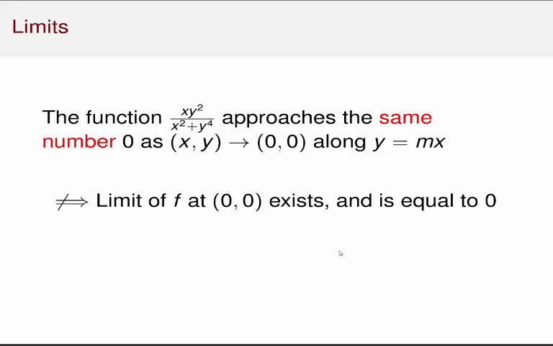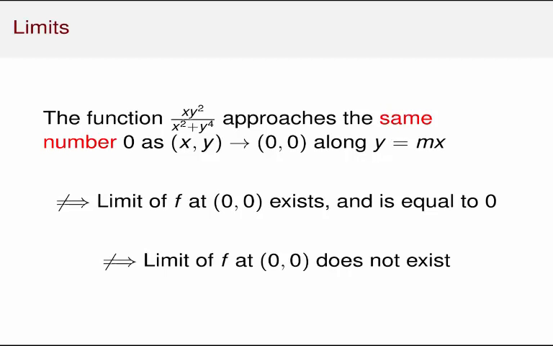In particular, we cannot say that the limit exists and is equal to 0, simply because we have only considered straight lines passing through the origin, and we have not exhausted all the possible paths, namely those which are not straight lines. Also, neither can we say that the limit does not exist, since for this we need to find a path that yields a different limit than 0.